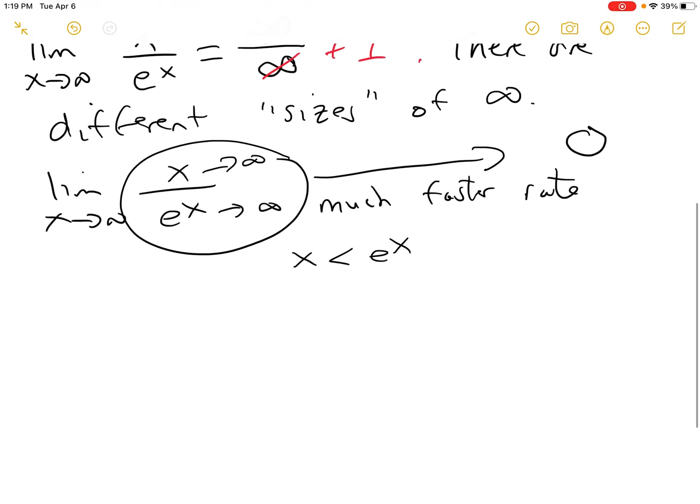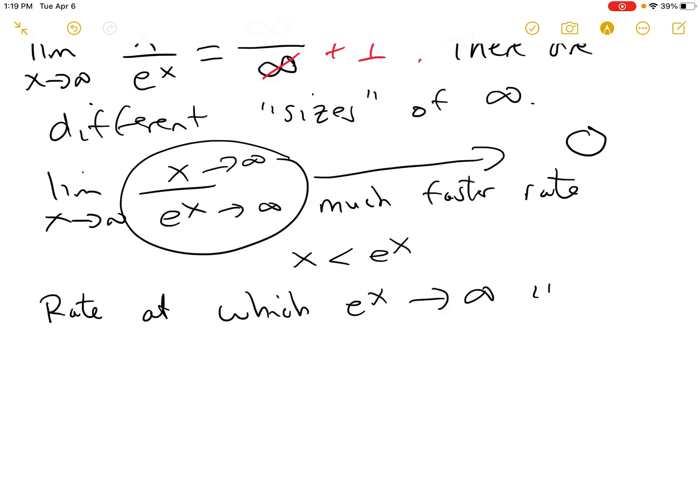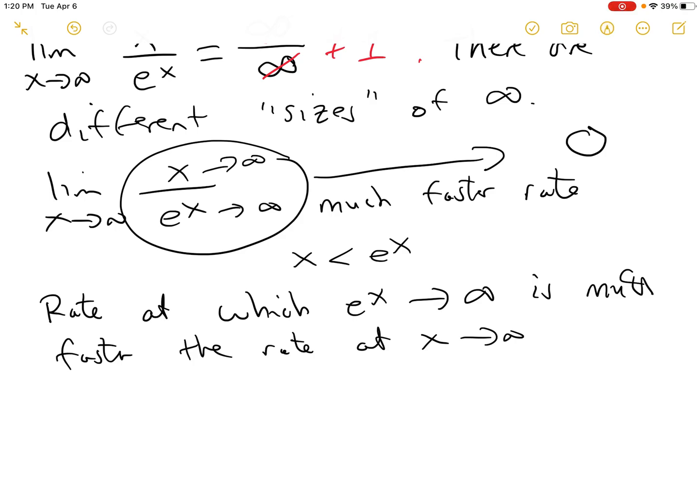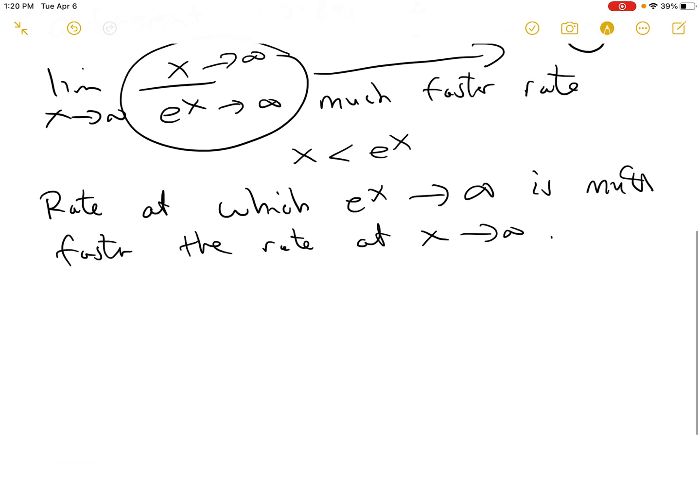And here's the key: that's because the rate at which e to the x goes to infinity is much faster than the rate at which x goes to infinity. And so the bigger number wins, you get 1 over infinity, which is 0. And so what we want to do now is compare rates.